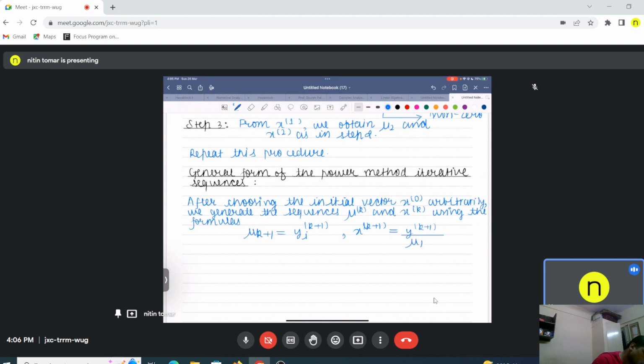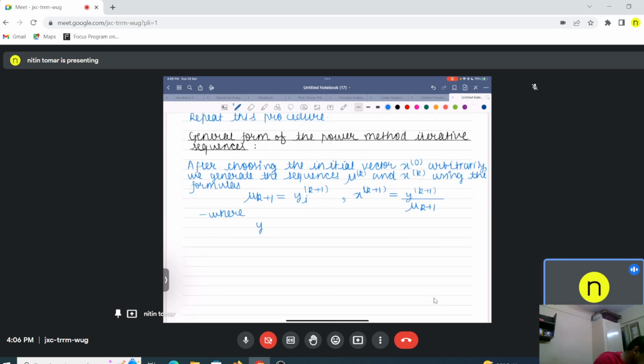So these are the general form where this y k plus 1 we define to be A of x k, and i is such that mod of y i k plus 1 mod is actually norm of y k plus 1 infinity.